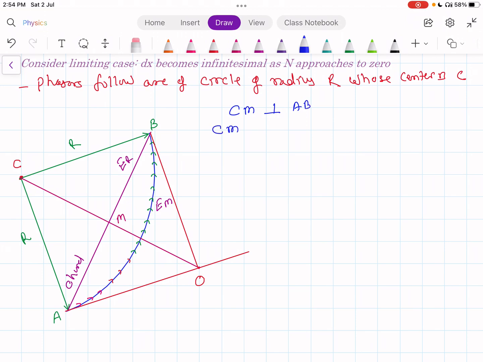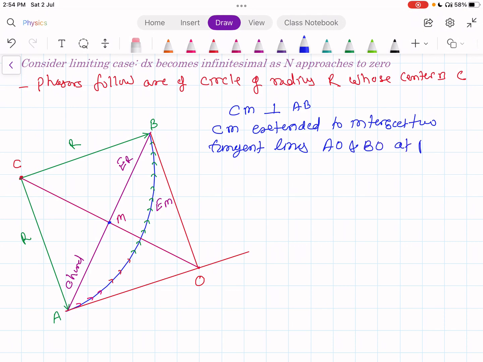We are extending CM to intersect the two tangent lines AO and BO at point O. So this is the point O over here.